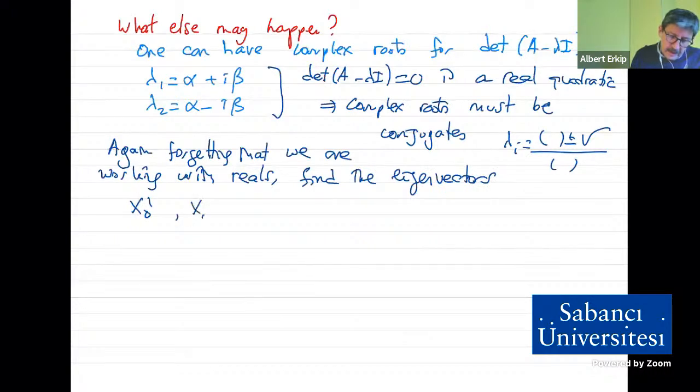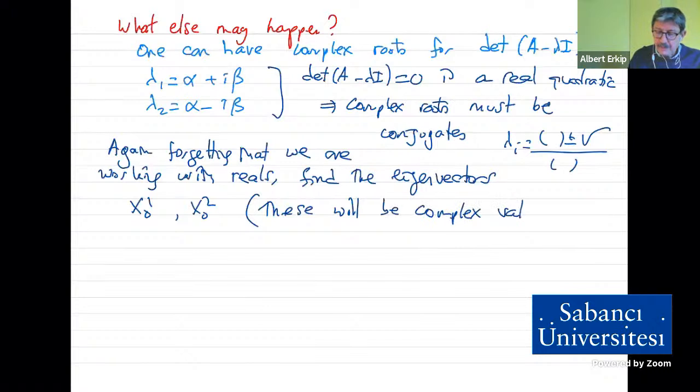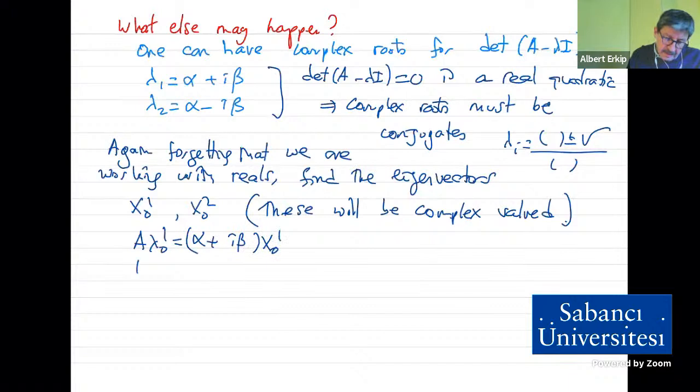x0,1 and x0,2. But note that these will be complex valued, because A x0,1 equals alpha plus I beta times x0,1, and A x0,2 will be alpha minus I beta times x0,2.